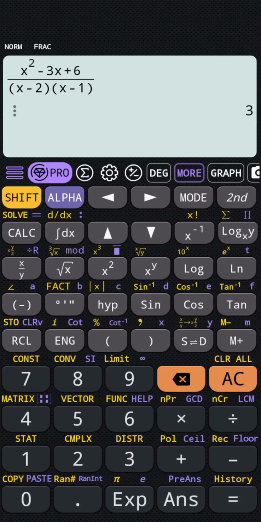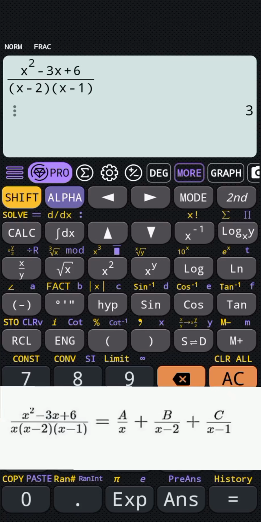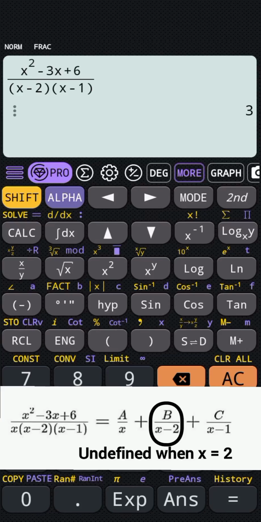Then let's get b. For b, under b, we have x minus 2, right? And when we make that x minus 2 equal to 0, x is 2. Because if x equal to 2, it means that we now have 2 minus 2, and 2 minus 2 is equal to 0. So when I'm pressing my calc, I will put 2 for x.